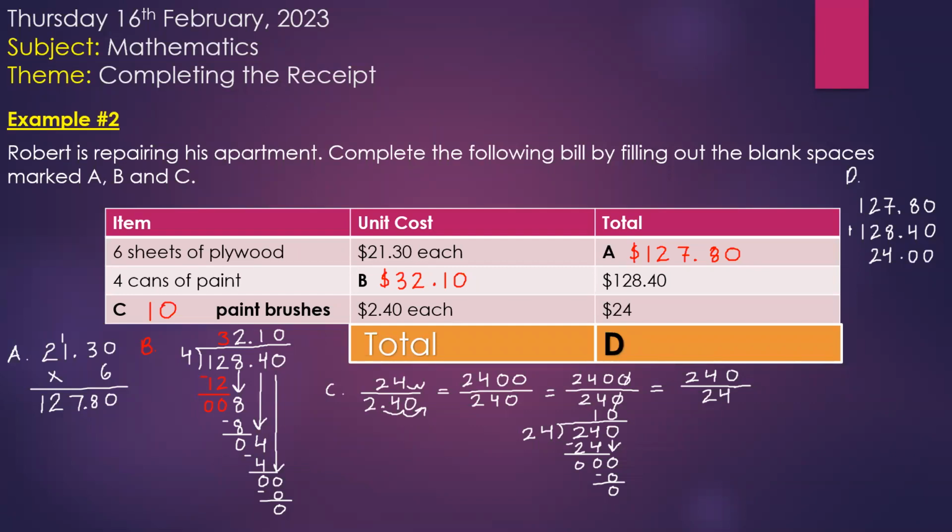You have to add all of them up. All right, 0 plus 0 plus 0 is 0. 8 plus 4 is 12.